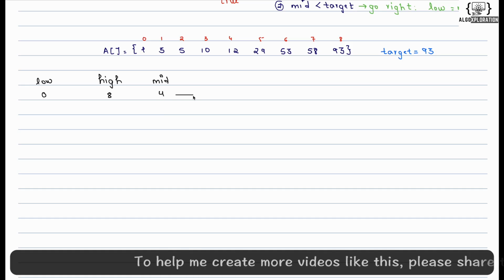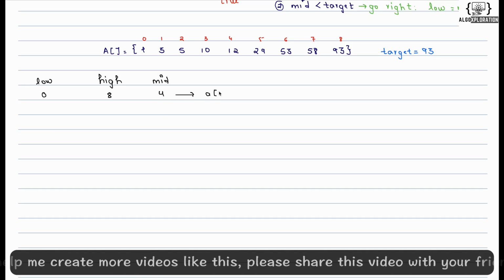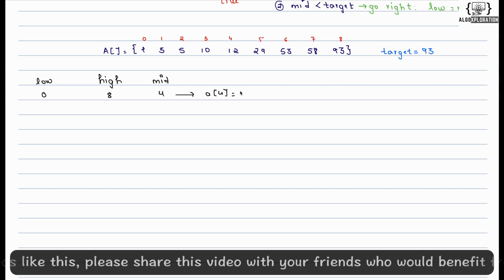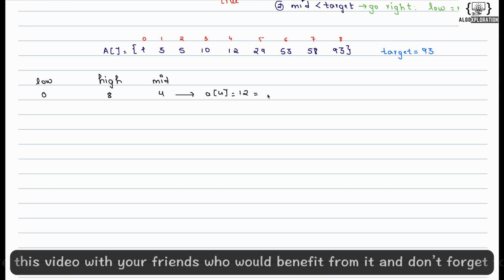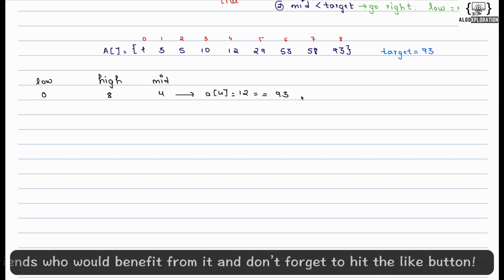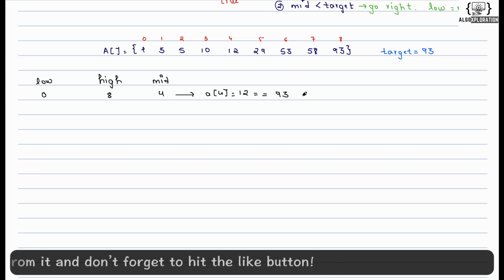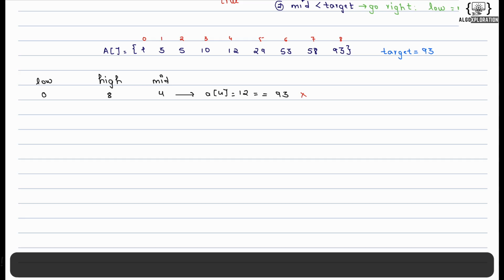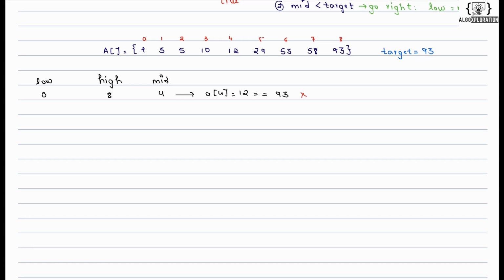Now we check whether a of 4, that is 12, is equal to 93 or not. In this case it is not, so false. Then we compare 12 and 93. We find that 12 is lesser than 93, so go right.